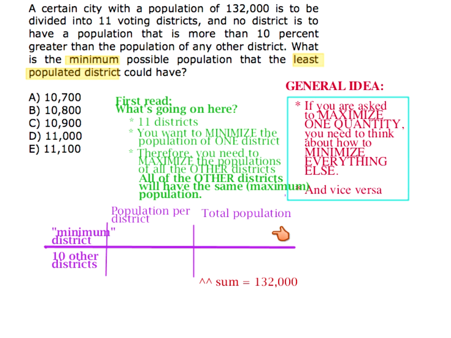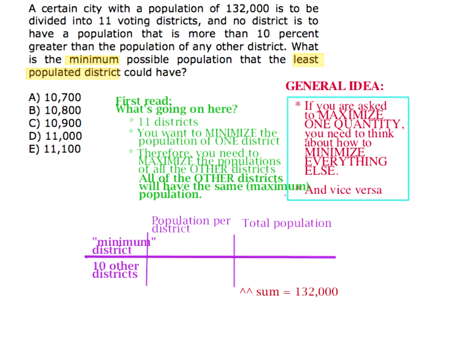So the point is that this is one district. One way to do this problem is to do algebra. And when it says no more than, let's also note that no district can have more than 10% over another district. We are trying to minimize the top row, thus implying that we want to maximize the stuff in the bottom row.